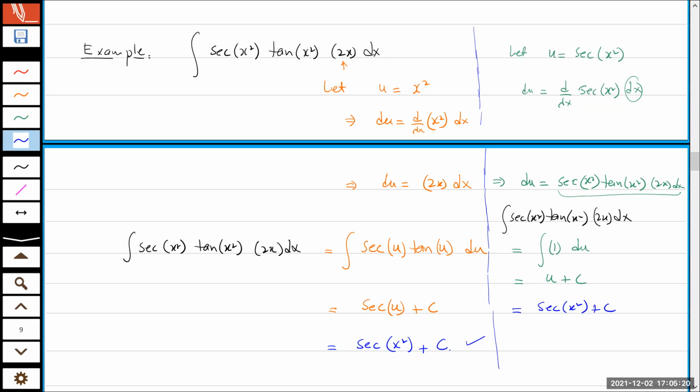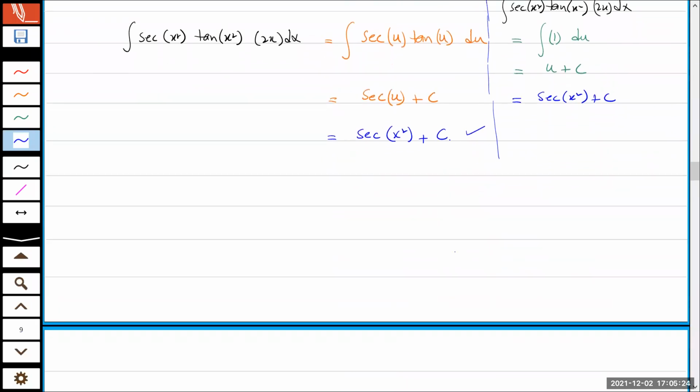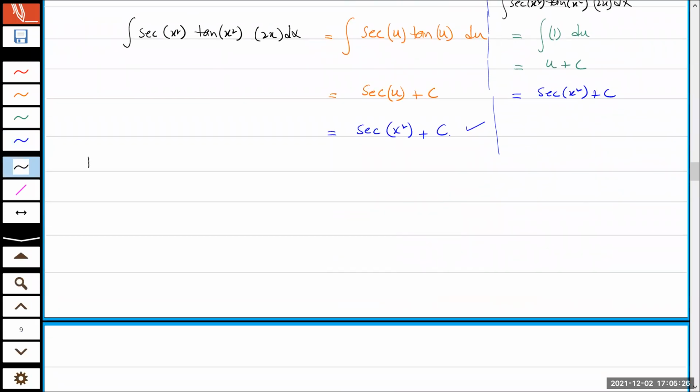Now let's move on and write some polynomials as well. And it's slightly different in the sense that we have to make some adjustment using our substitution. Let's evaluate the integral x times x plus 4 to the 700 dx.